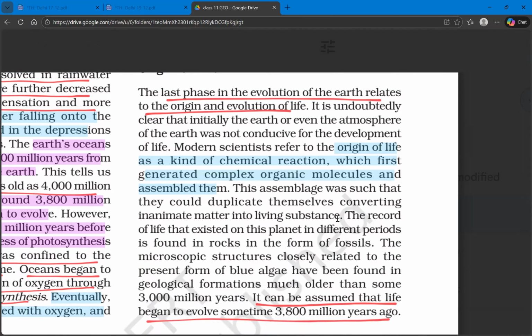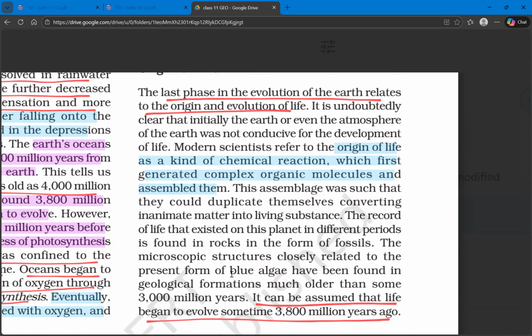The record of life that existed on this planet in different periods is found in the form of fossils. That is why fossils are very important to study the evolution of life on the Earth. The microscopic structures closely related to the present form of blue algae have been found in geological formations much older than 3000 million years.